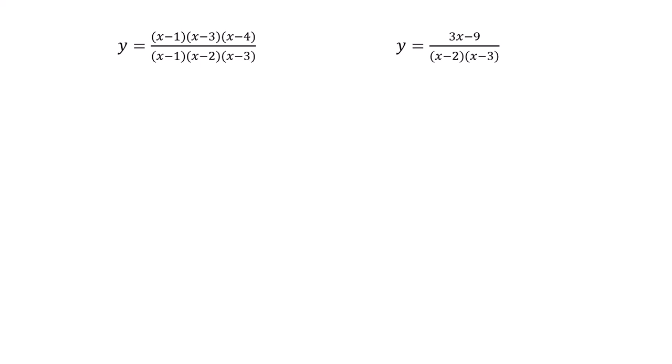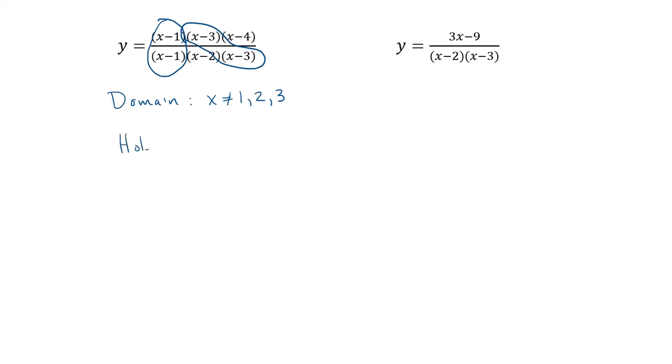This function here, 3 factors on top, 3 on the bottom. I have a removable discontinuity here and another removable discontinuity here. So my domain is going to be all x's except that x cannot equal 1, 2, or 3.